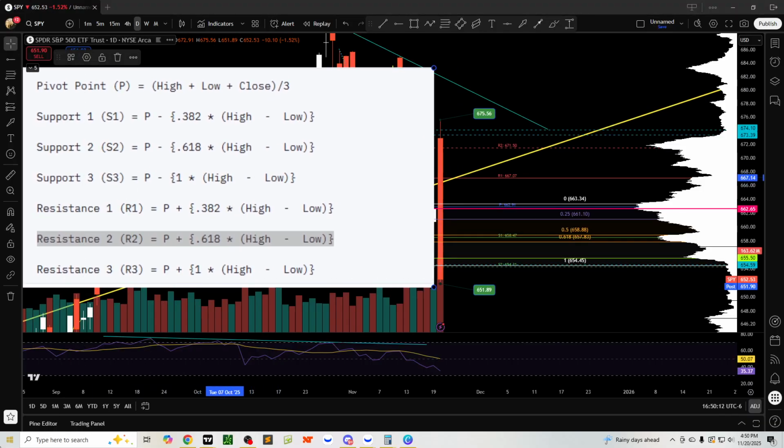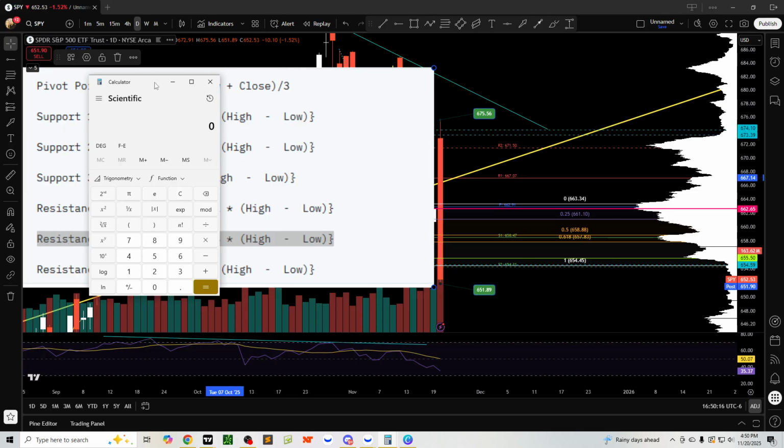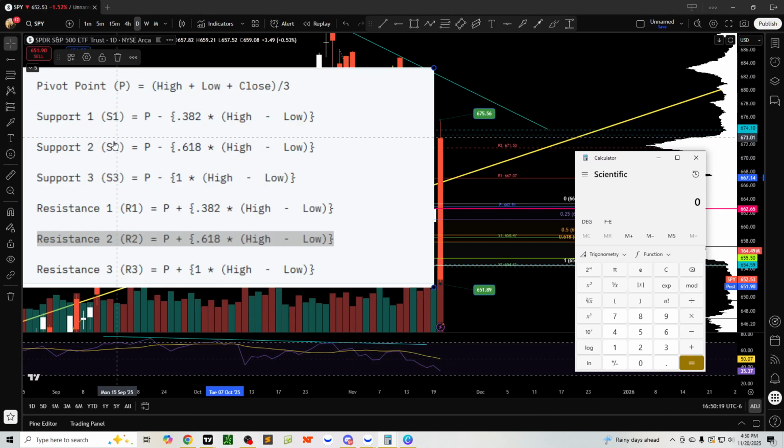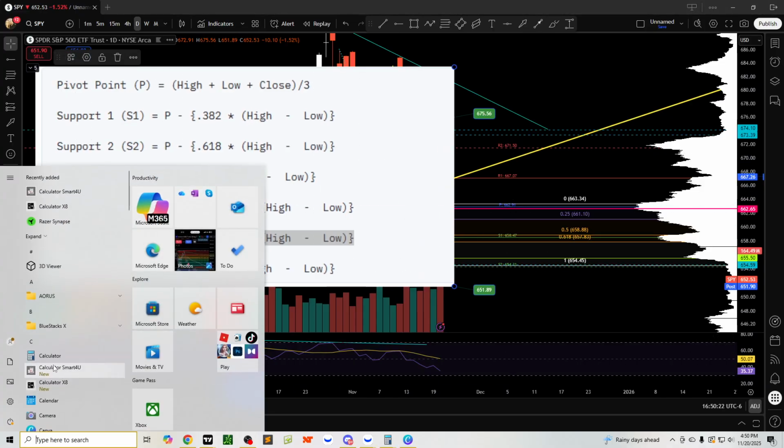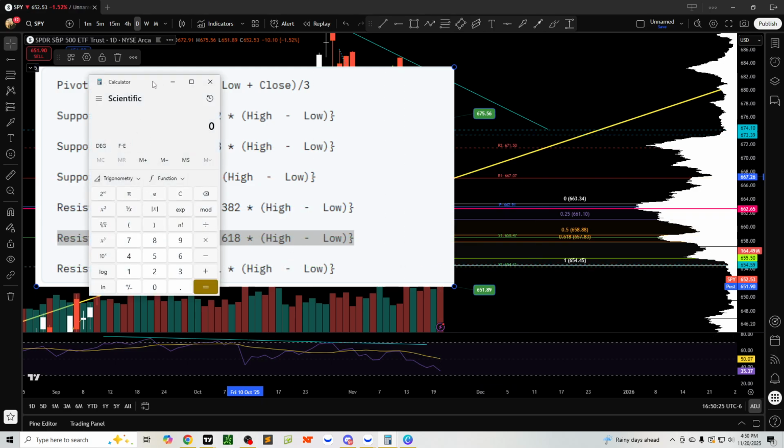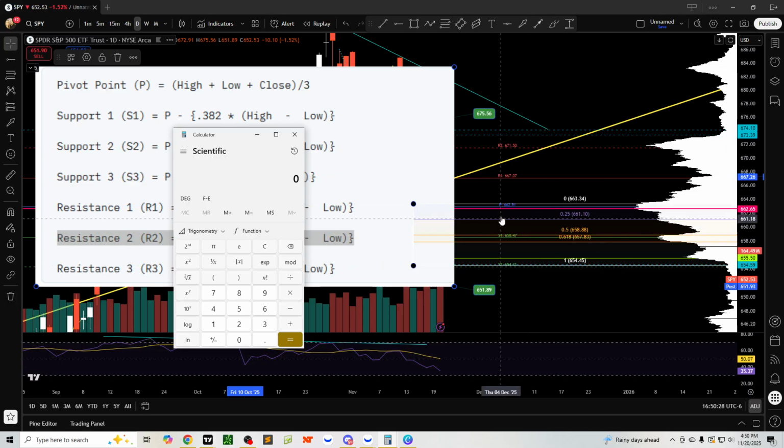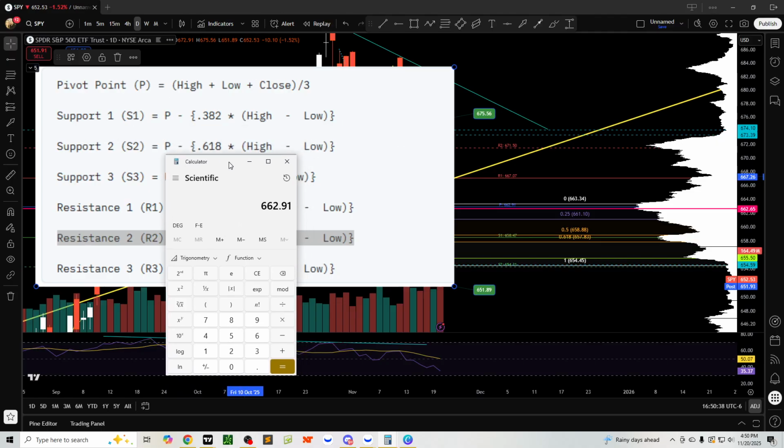So I will pull the calculator up so you guys can follow along. It's pivot, which our pivot for yesterday was 662.91. Minus, and then bracket 1, 0.618 times a secondary bracket, high minus low, yesterday's high minus low.